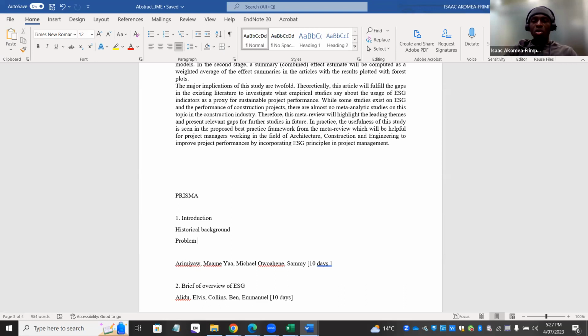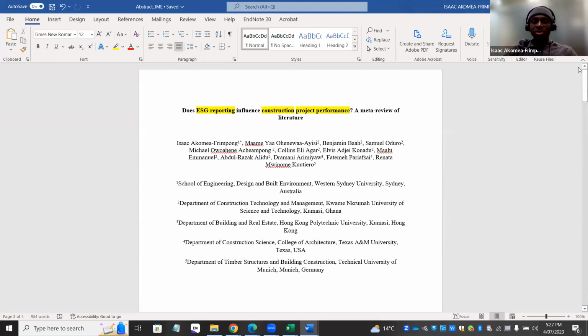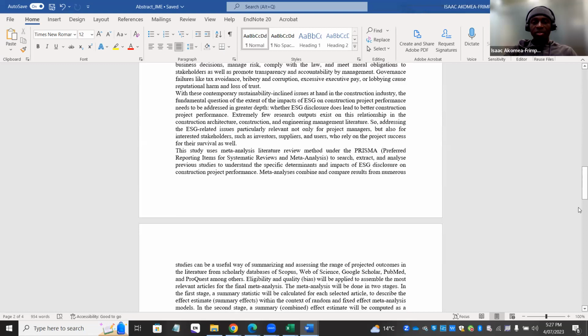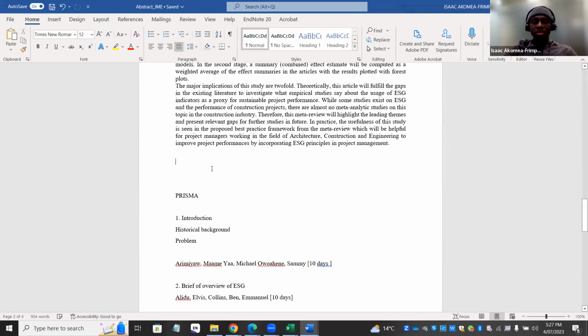I encourage you to look at more highly ranked journals, because this paper that we are writing, we are sending it to a very prominent journal in the construction research field, the Journal of Management in Engineering, a very top-tier journal. You can also refer to the review papers that the journal has published, to see how they wrote them.